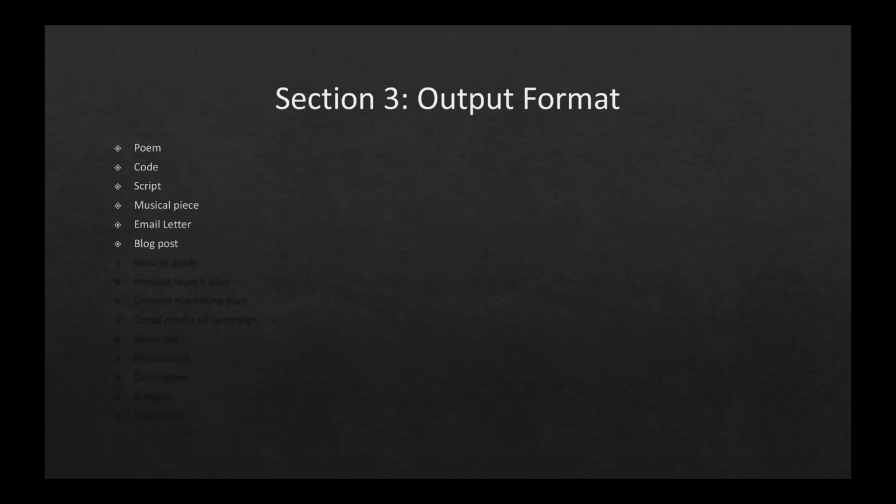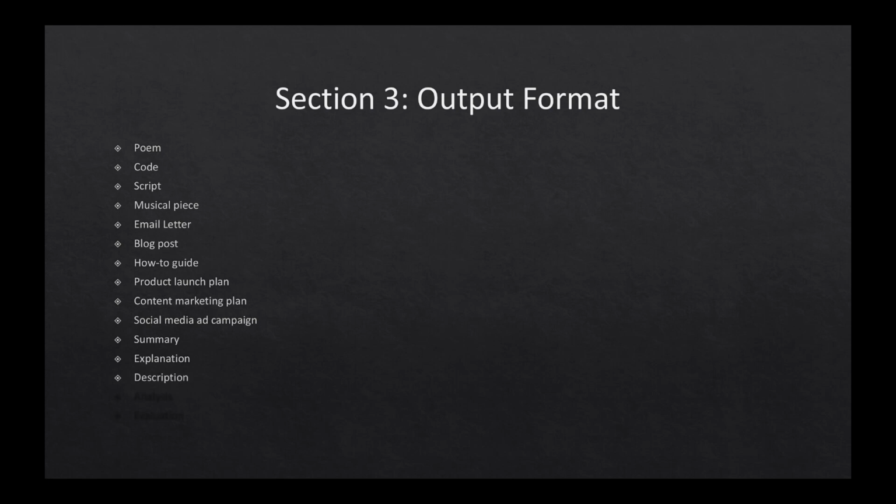A blog post if you want to write something for your blog, how-to guides, product launch plan, content marketing plan, social media ads campaign. Or if you want a summary, an explanation of some topic, a description, analysis, or evaluation.